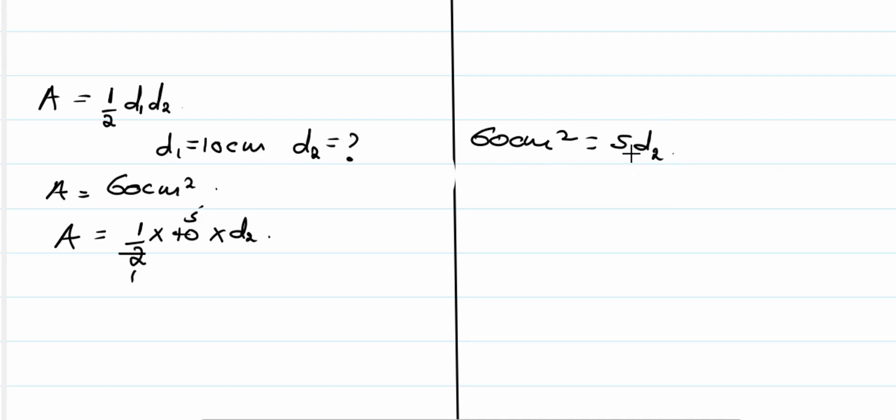So to get the second diagonal, of course, d2, we need to divide both sides by 5. And then from there, 60 divided by 5 is 12. Then 5 divided by 5 is 1. So d2 will be 12 centimeters, like that.